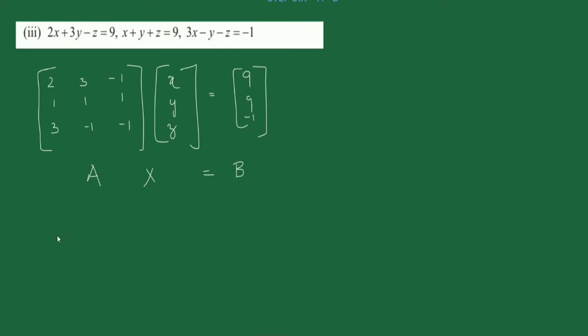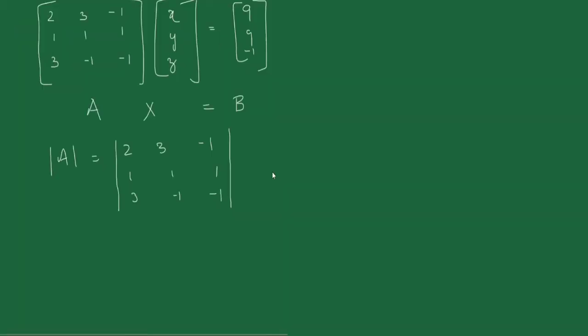To check whether it is non-singular or not, you have to find the determinant of the matrix A. This is the matrix A, so we're going to find the determinant of this matrix. That is equal to 2 into minus 1 minus of minus 1, so it will become plus 1.